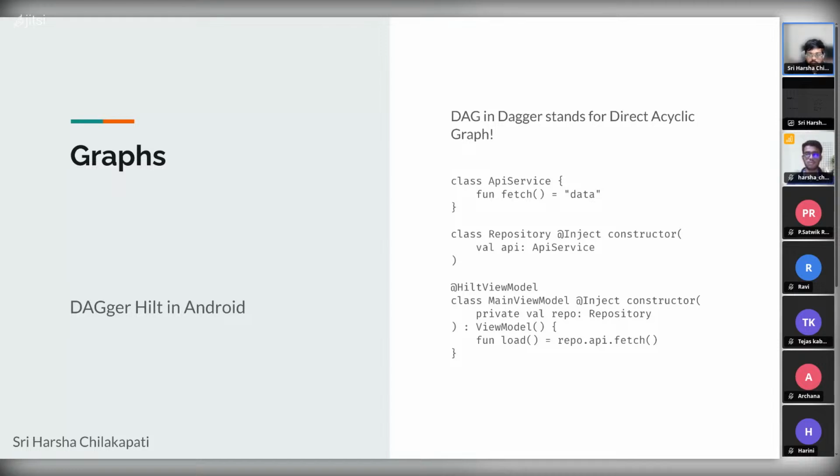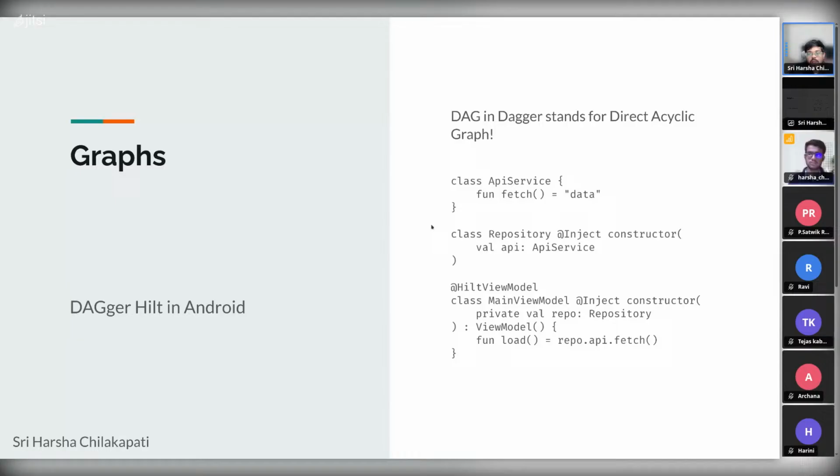Now, for example, on Android, there is a library called Dagger, and Google created one more library on top of Dagger called Hilt. And by the way, the DAG in Dagger stands for directed acyclic graph. Everything is based on a graph.